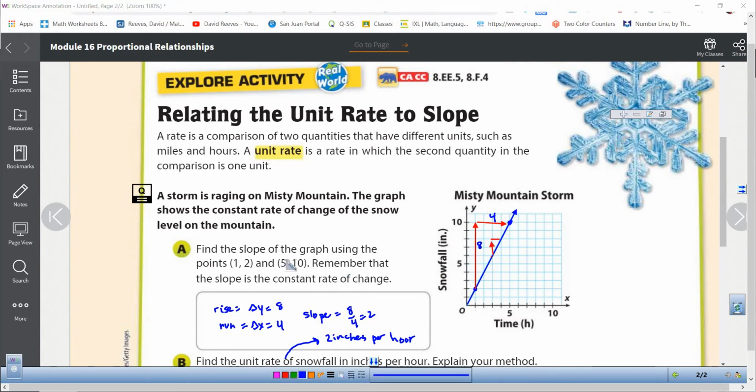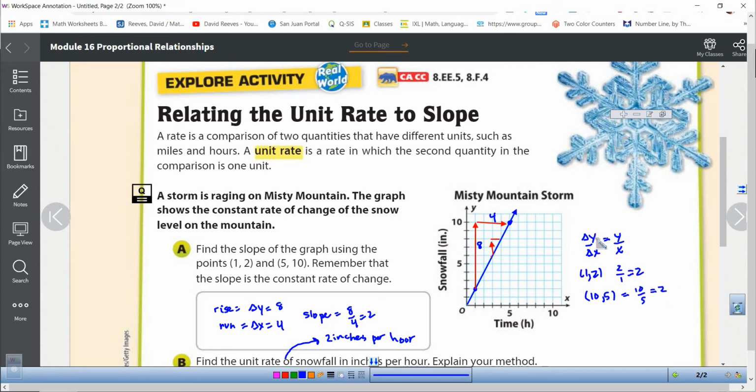And again, you will see in a proportional relationship, change in y over change in x will always equal y over x. If you take this point, 1, 2, do y over x, 2 over 1. What do you get? You get 2, right? If you do that next point, 10, 5, what do you get? 10 over 5, which is 2.